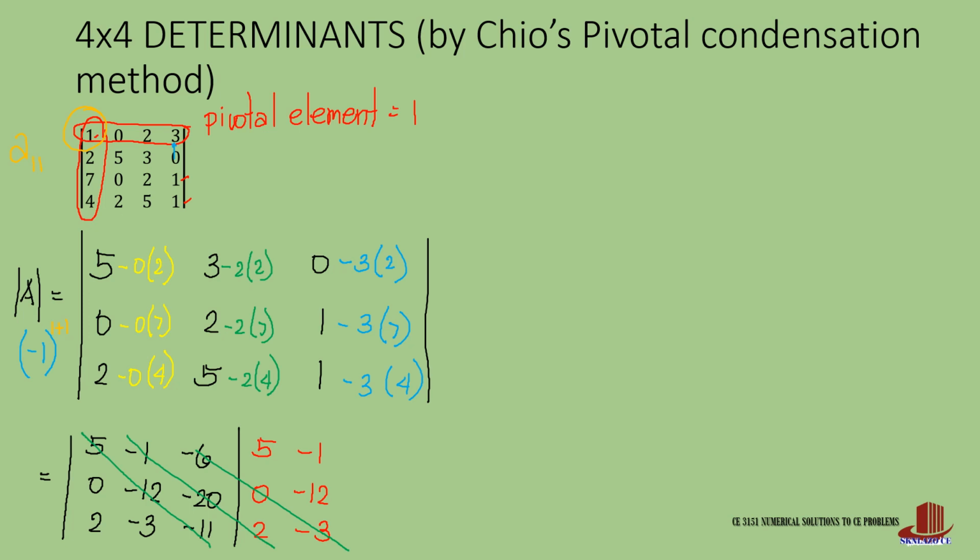In this case, we would have 5 times -12 times -11 plus -1 times -20 times 2 and 0. In this case, we would have 5 times 12 times 11 plus 40, giving us 700.